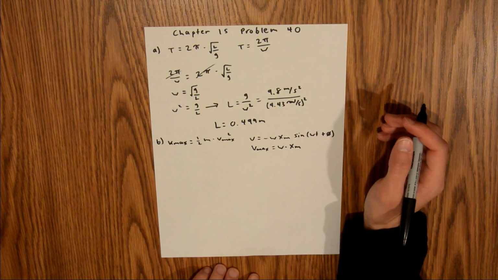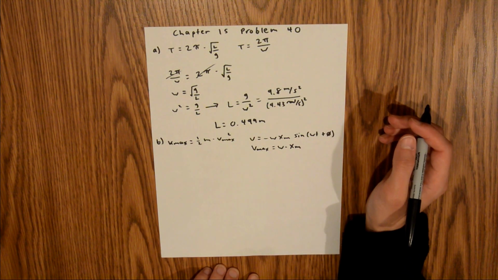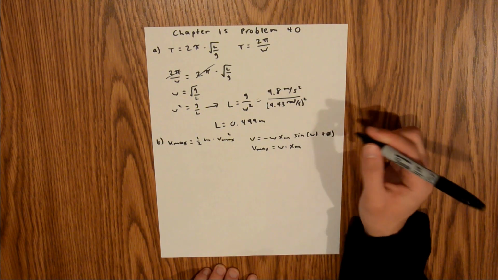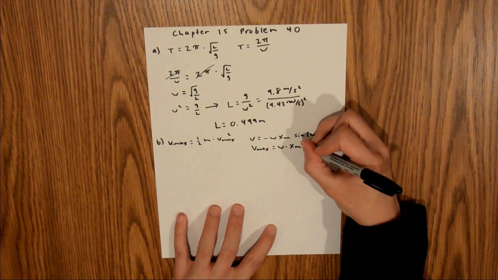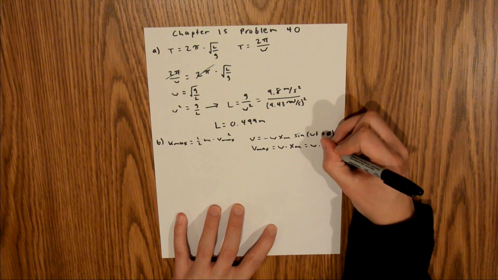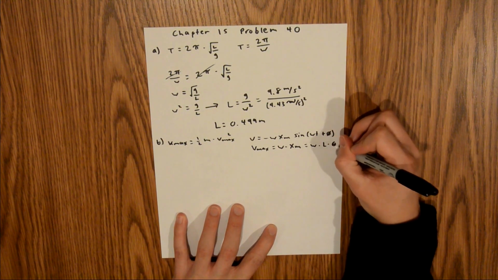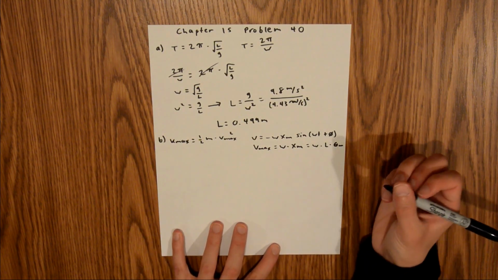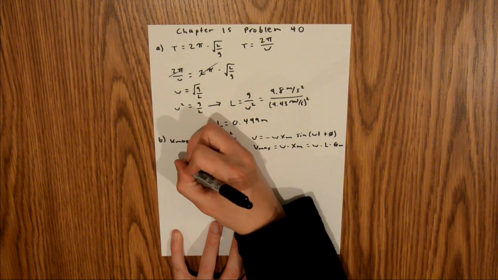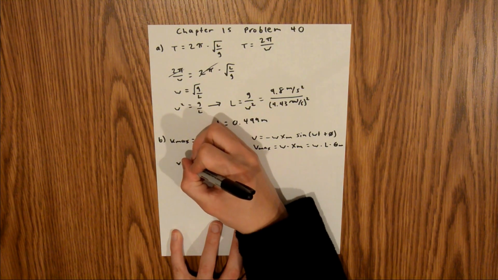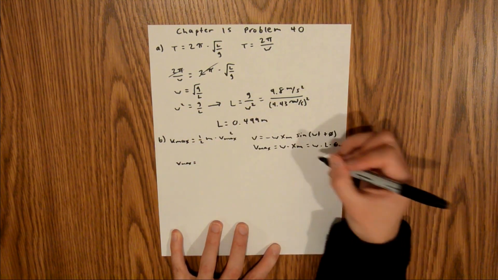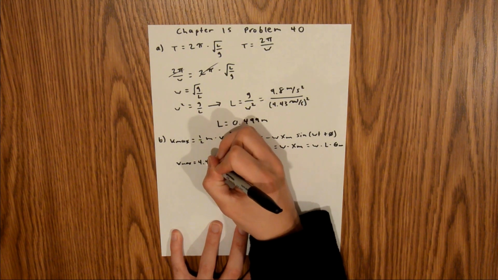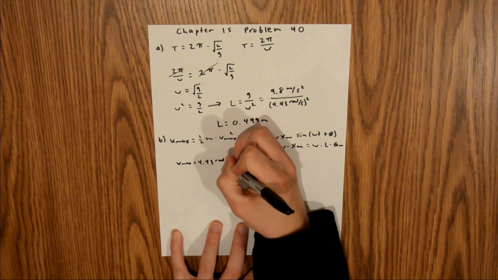And since we are working with a pendulum and working with the amount of a circle that's been swept through, we would prefer to write this in terms of an arc length, and so this is equal to omega times L times theta m. And so we have all those values, so we can plug them right in. So V max is equal to omega, which we are given, 4.43 radians per second.